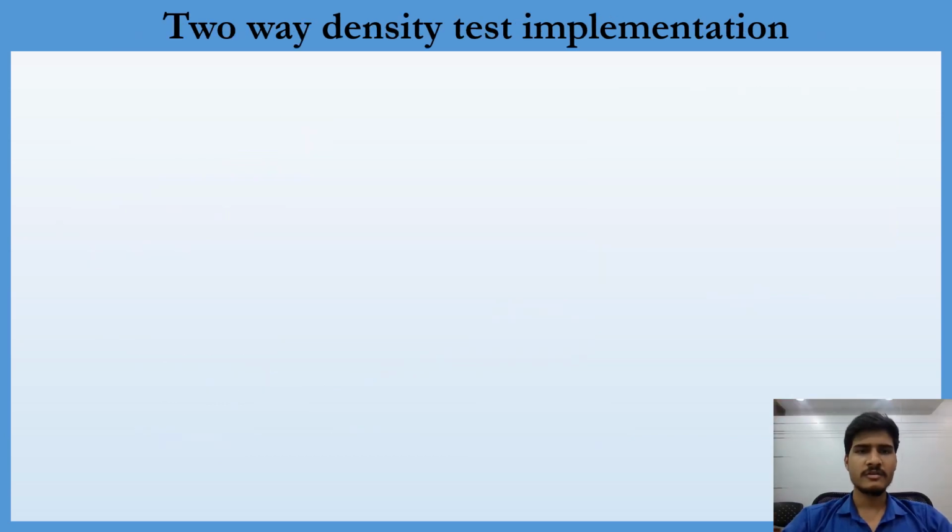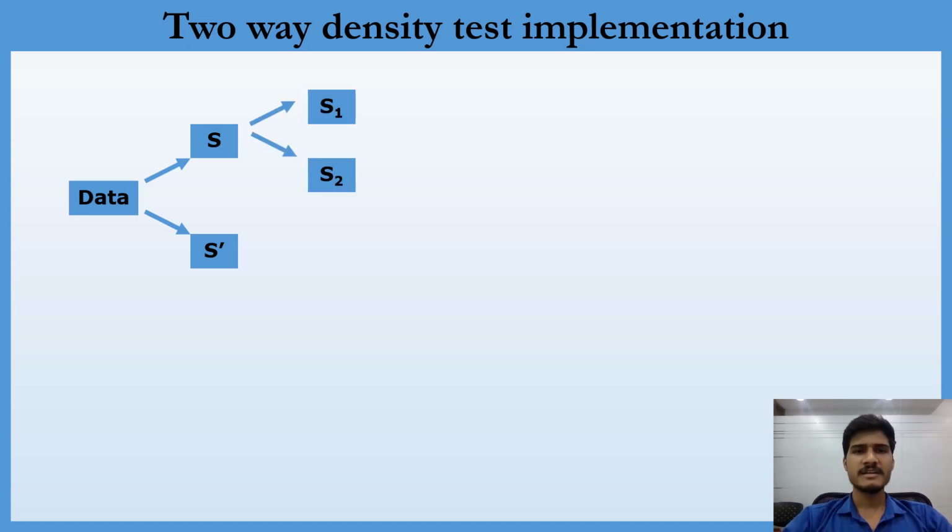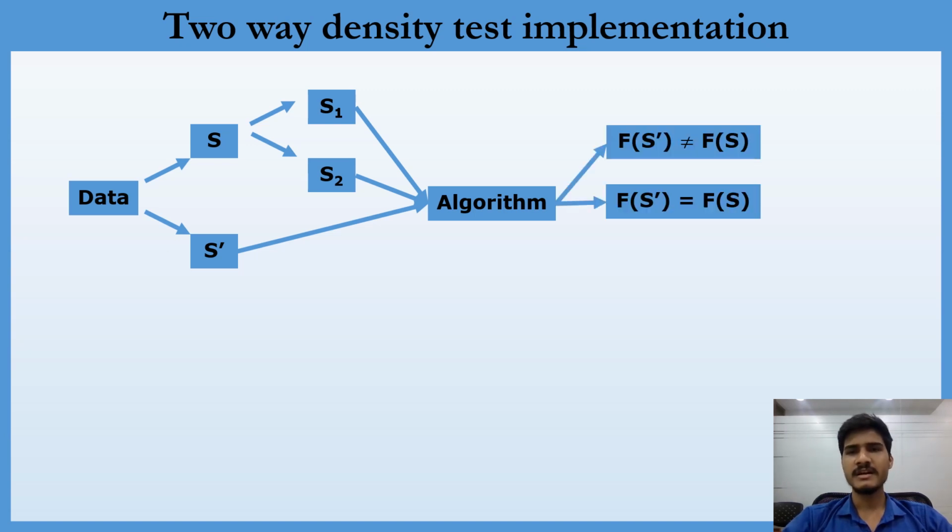As we discussed all the three algorithms given in our research paper, now we discuss the two-way density test implementation. We have the data and we split S into S prime, and we have the S1 and S2 data from S. Now we put all these three data into our algorithm to make a decision. Now the algorithm outputs the result. If S dash is not equal to f of s, then it means the distributions of these two data are not the same, so we declare the change.